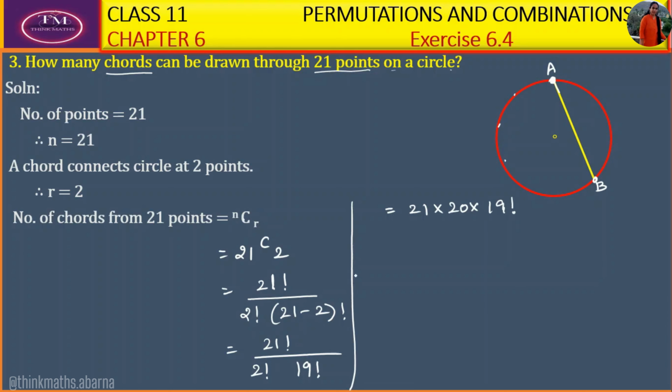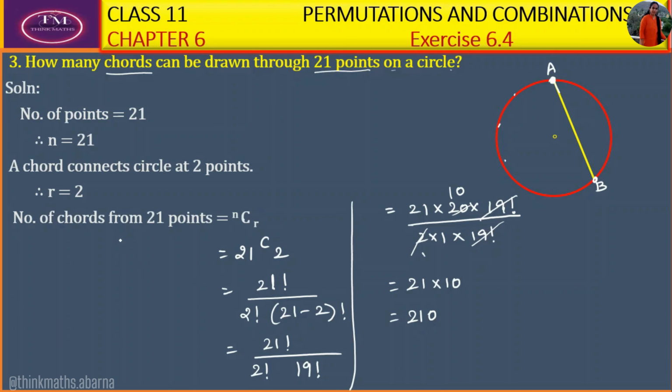So stop with it and put factorial because we have 19 factorial in the denominator. So what is 2 factorial? 2 into 1 into 19 factorial. This gets cancelled, and 2 and 20. 1 2s are 2. This is 10 2s are 20. So we have 21 into 10 which is equal to 210. So number of chords from 21 points equal to 210. So 210 chords can be drawn from 21 points.